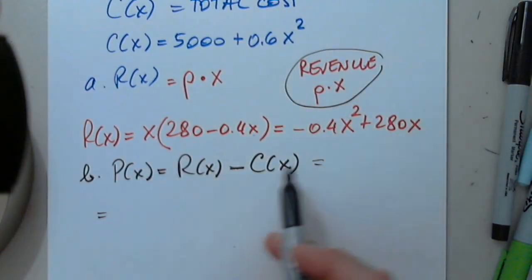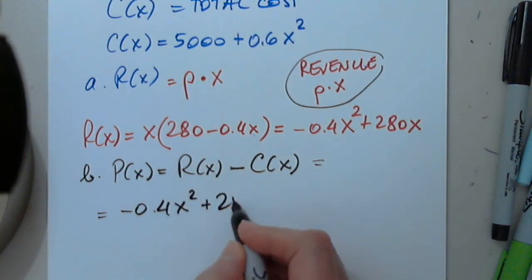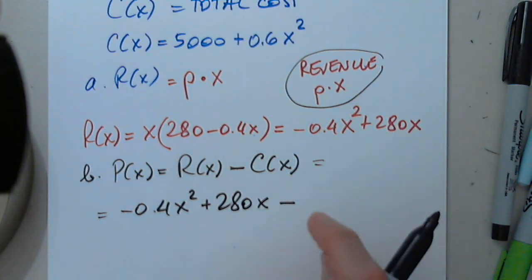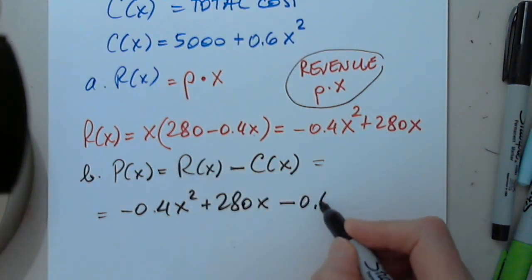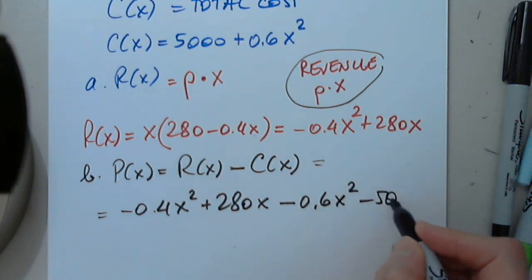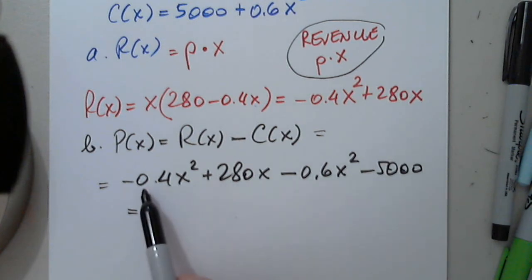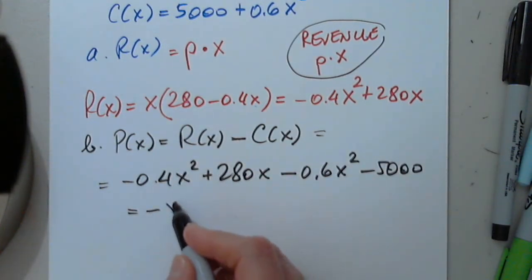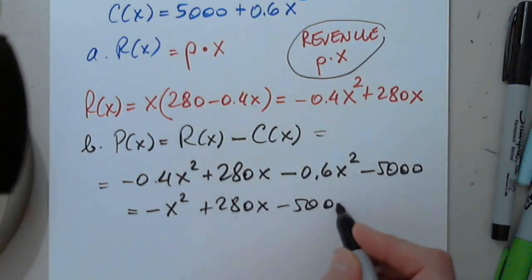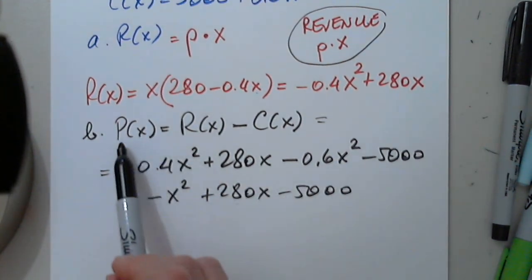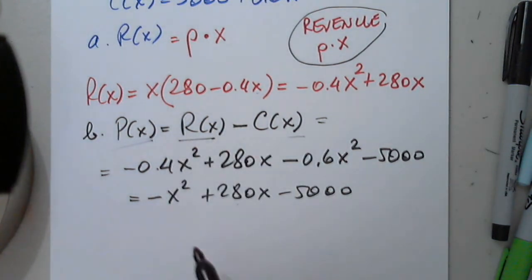So this is the revenue that I already have right here, negative 0.4x squared plus 280x, but minus, you either put parentheses or you distribute to both terms, 0.6x squared and minus 5,000. So now this minus this is simply negative x squared plus 280x minus 5,000. So this was the total profit, revenue minus cost. So we calculated and we have this function.